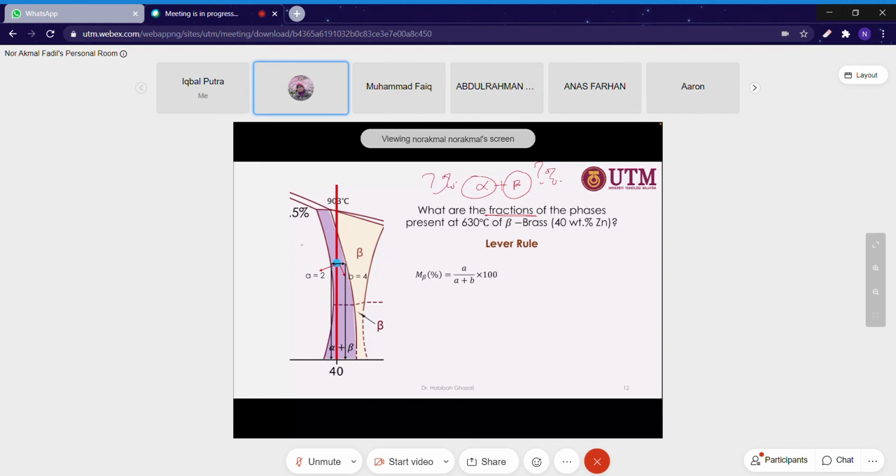So we know that alpha is here, and beta is here. So for beta, we take the length of A divided by total length. So we obtain this value, which is 33.33%. And the rest, 66.67%, is alpha.